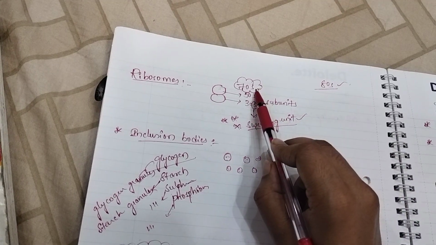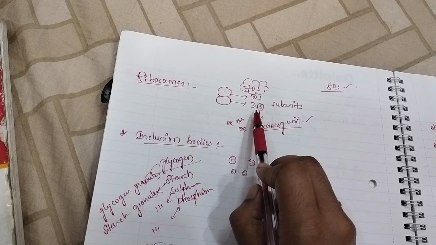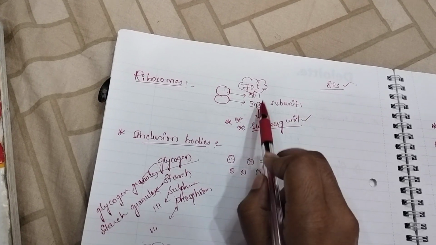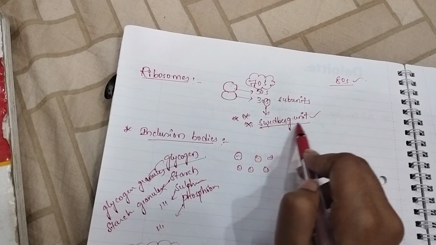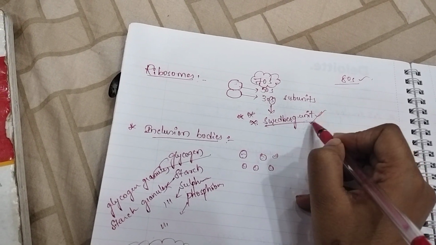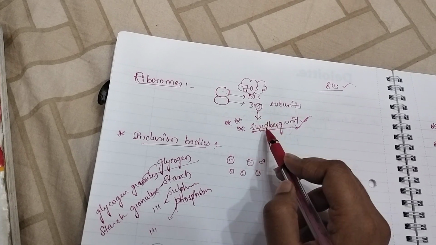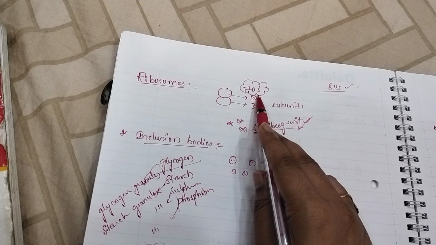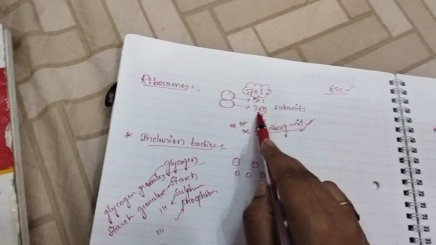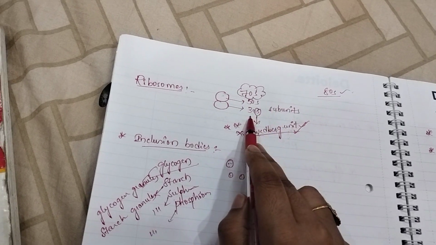The 70S ribosomes have two subunits called the 50S and 30S subunits. One more important thing to remember is that S stands for Svedberg unit, and this is an important question they will ask. The 50S is the larger subunit and the 30S is the smaller subunit.